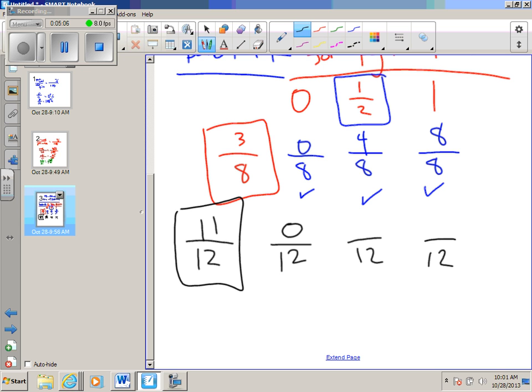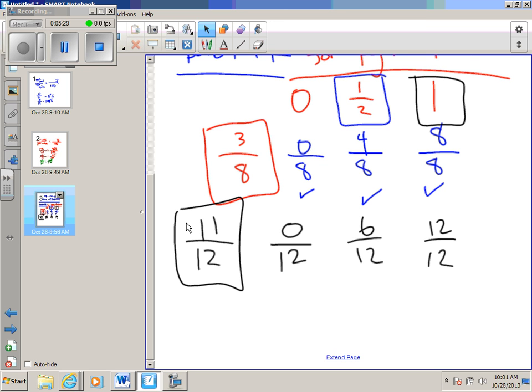That's 0/12. 1 whole is easy. That's the same as the denominator. How about half with 12 as a denominator? Trinity. So I look at the 11/12. Is 11/12 closest to 0/12, 6/12, or 12/12? So I would probably round that to what? 1 whole.